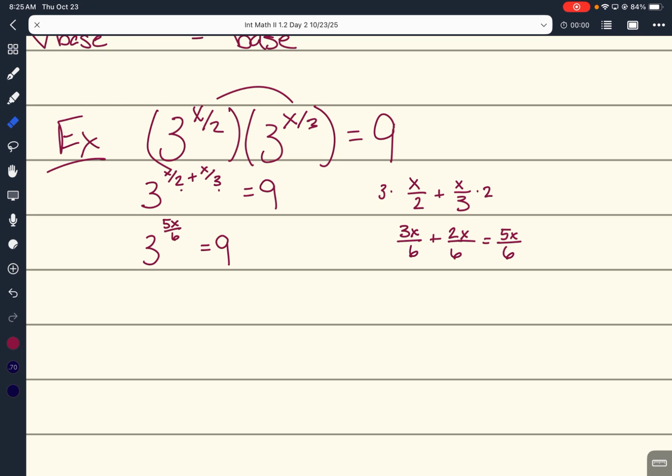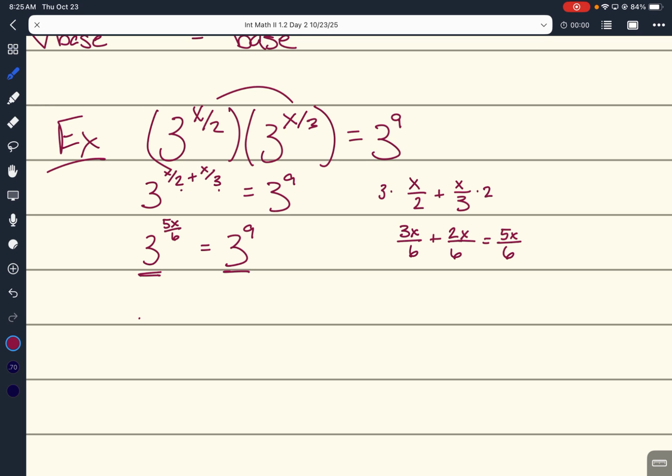Hopefully you all wrote in erasable pencil, because I messed up. This is 3 to the 9th. So we have this amazing property that says once I have one base on the left and one base on the right, and those bases are the same, the exponents are the same.